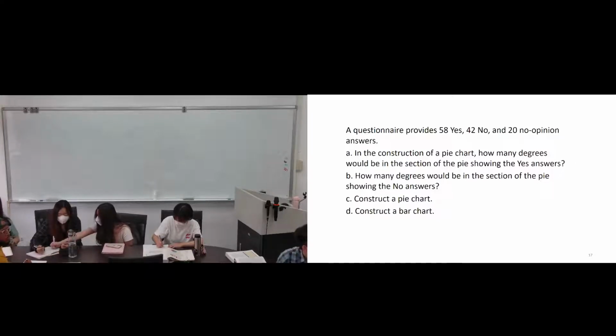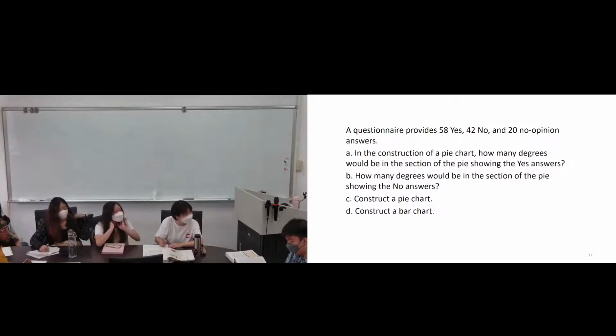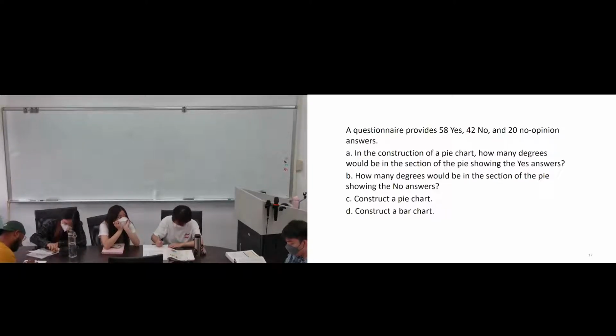And then, how do we answer question A? In order to find out how many degrees will be in the section of the pie showing the yes answer, we should divide 58 by 120.